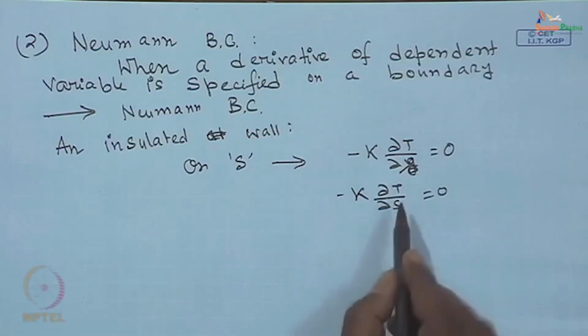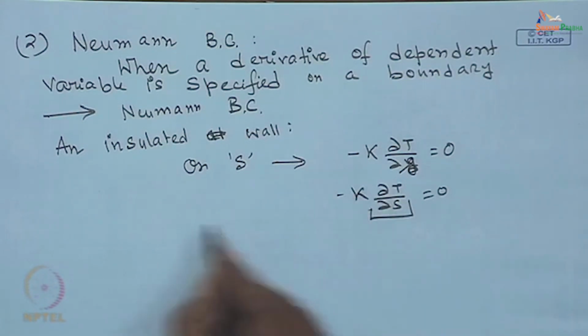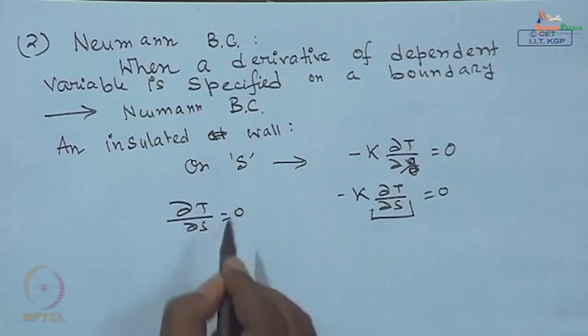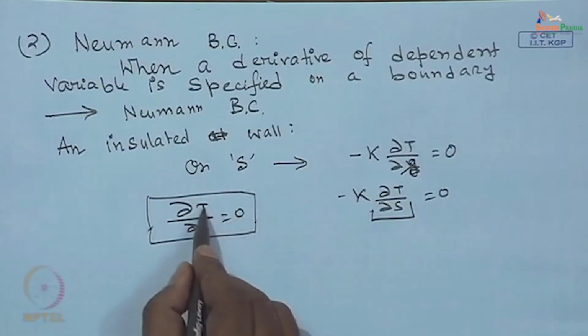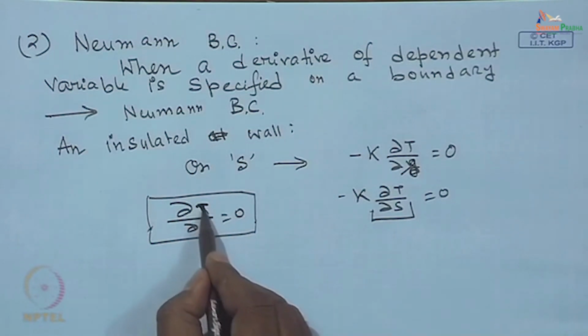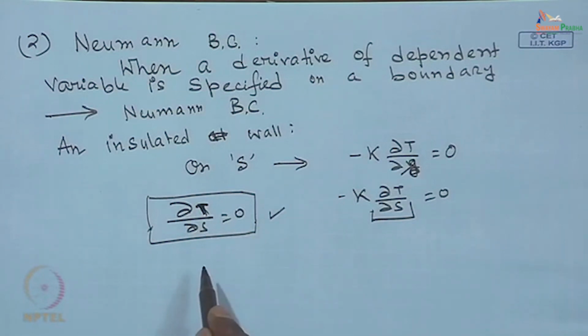So, k being constant, or even if it is not constant, it does not matter, it becomes del t del s equal to 0. So, this is the derivative of the dependent variable specified on this boundary. So, this is a Neumann boundary condition.